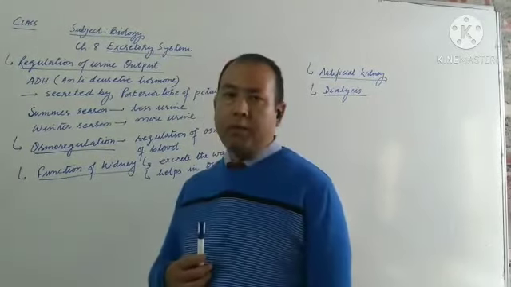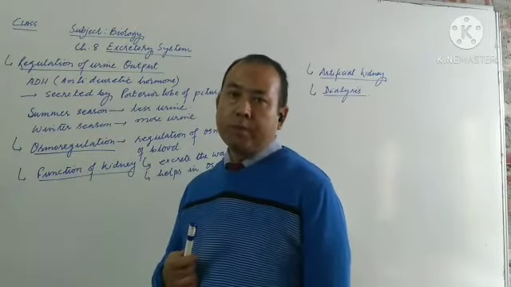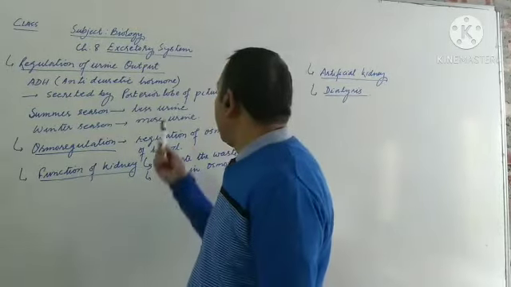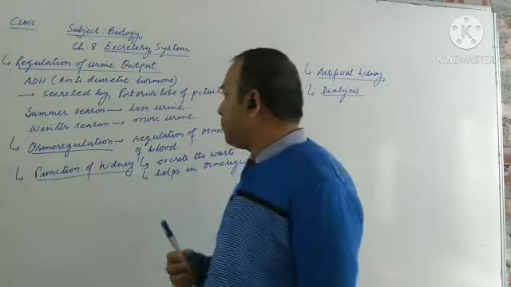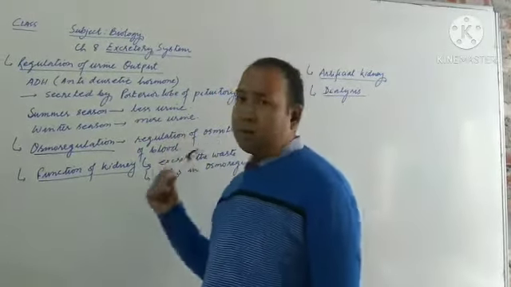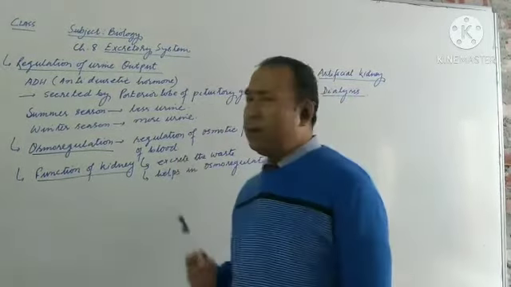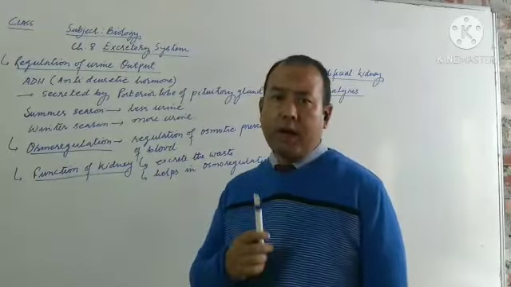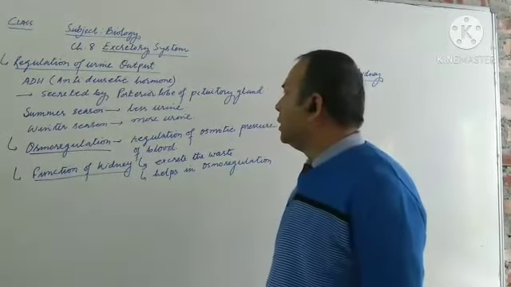But here, in brief, this pituitary gland is mainly present in the brain, and it has an anterior lobe and a posterior lobe. The posterior lobe is mainly responsible for secreting the hormone ADH, antidiuretic hormone.